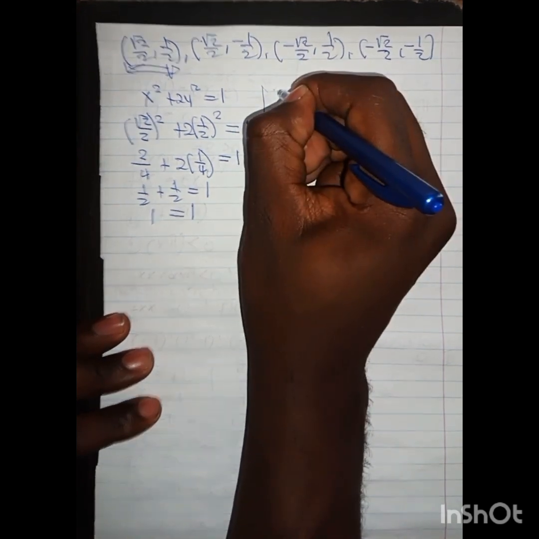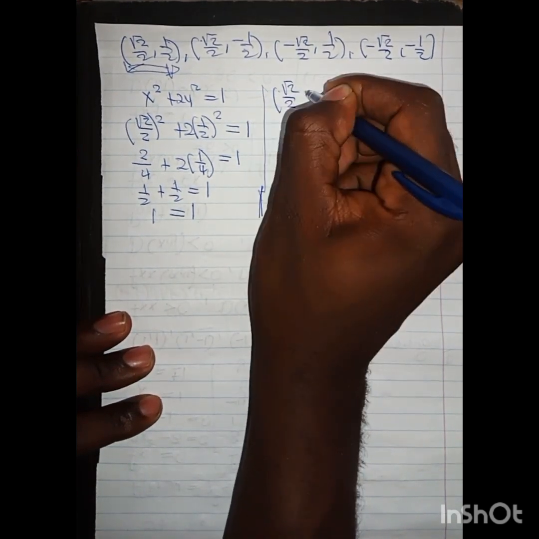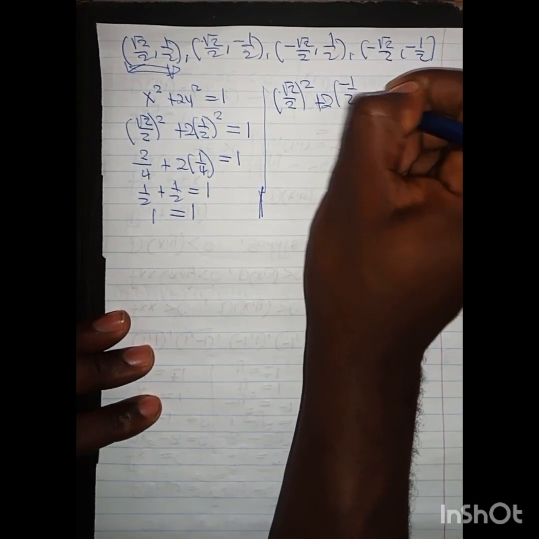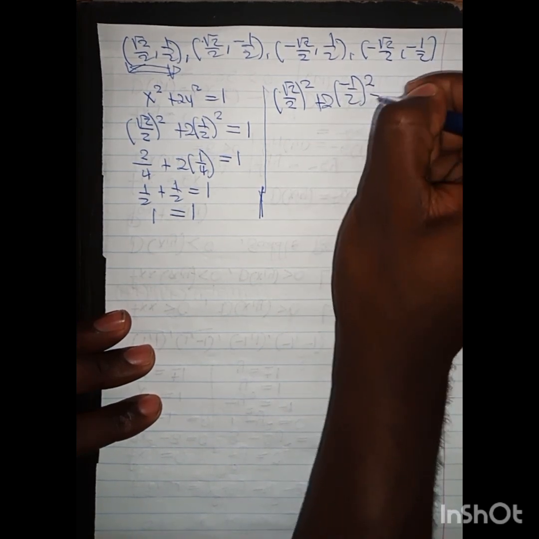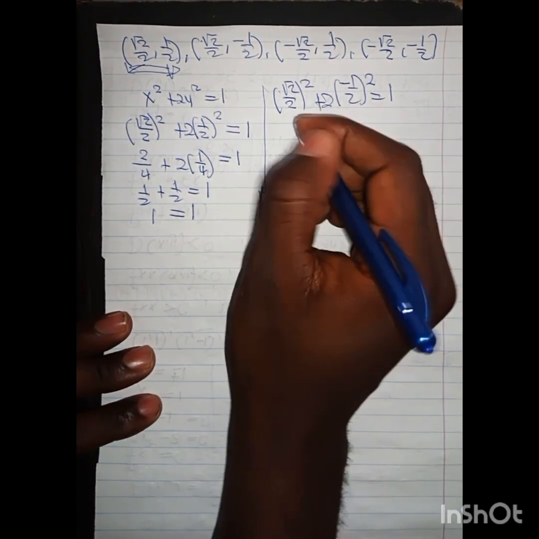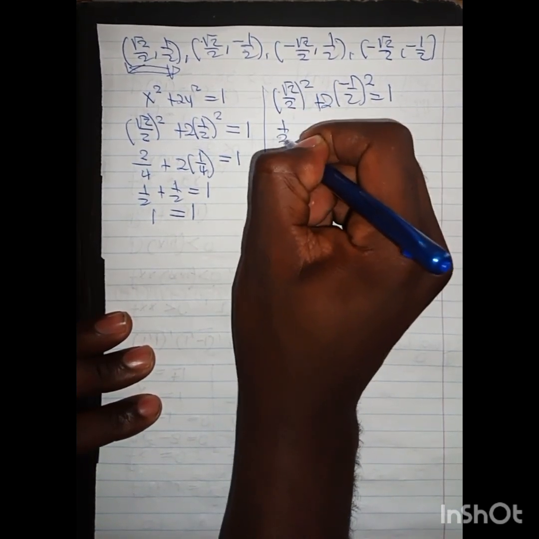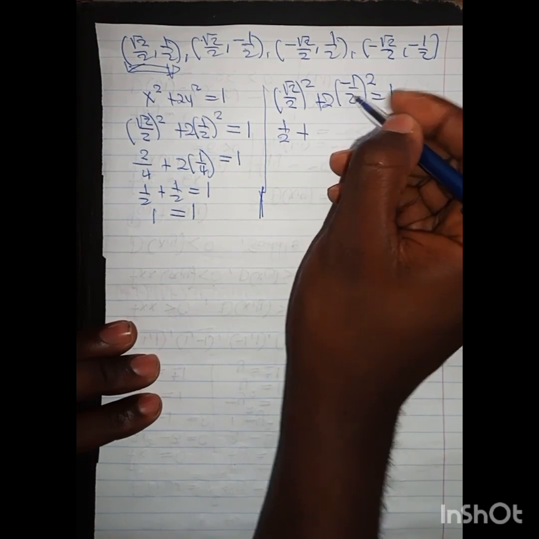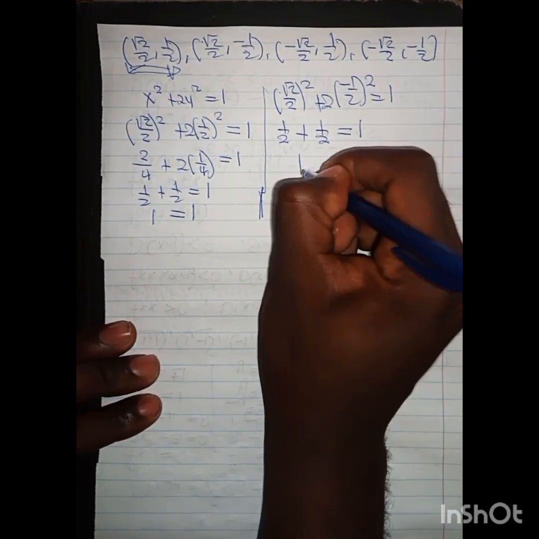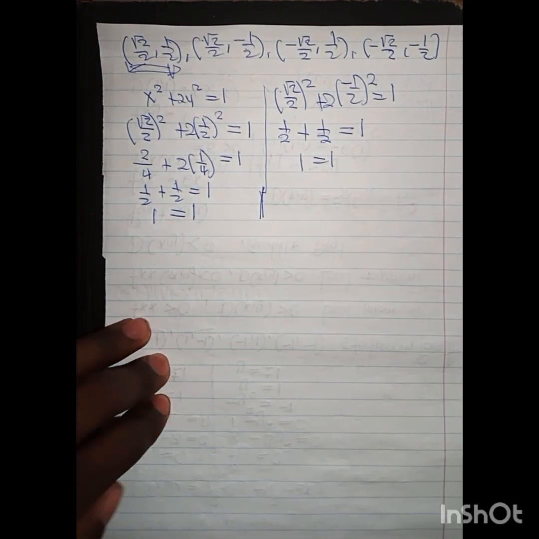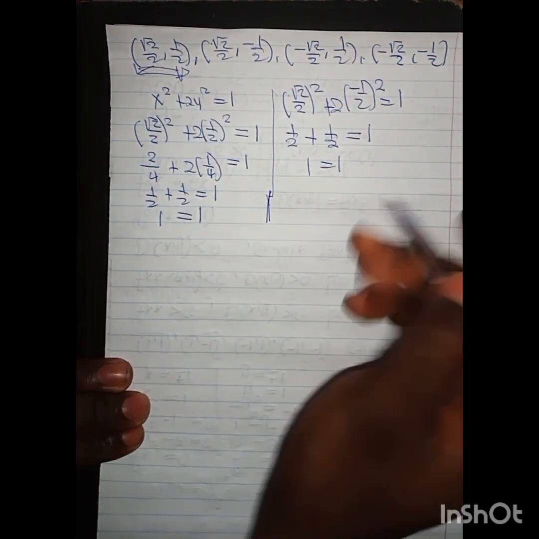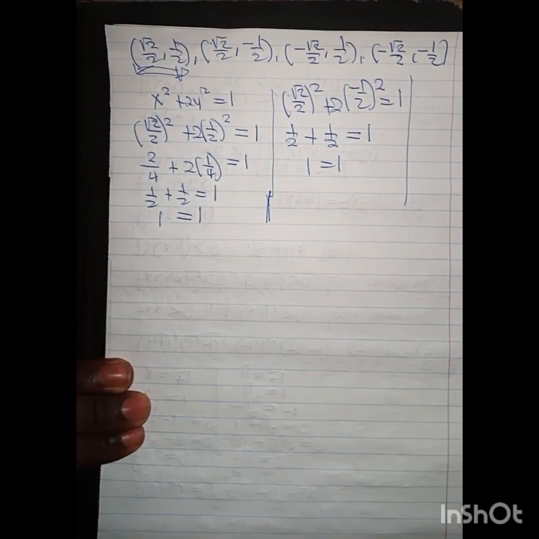Root 2 over 2 squared plus 2 times minus half squared. This must equal 1. From this we can clearly see that this is just the same as 1 over 2 plus 1 over 2. Then the left hand side is equal to the right hand side. From this we can conclude that all these 4 points are subject to the constraint.